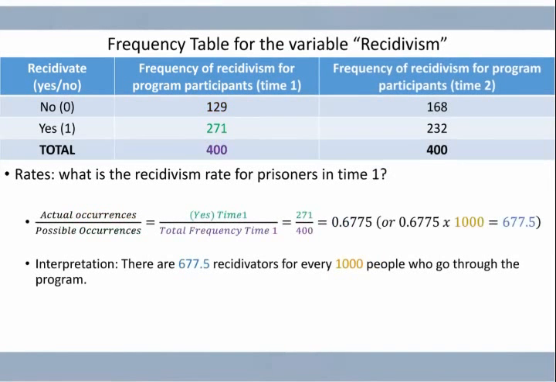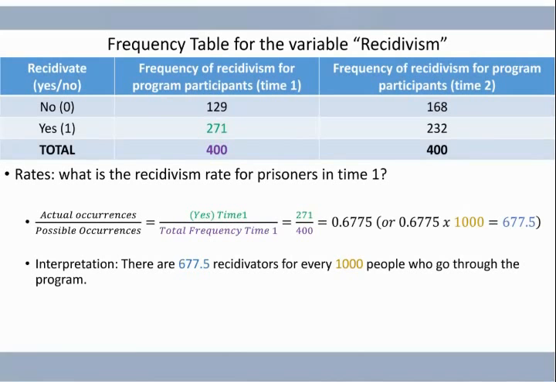So let's take a look at rates. Say we're interested in the recidivism rate for prisoners in time 1, right? So we have people who recidivated in time 1 divided by the total number of people in the program in time 1, right?